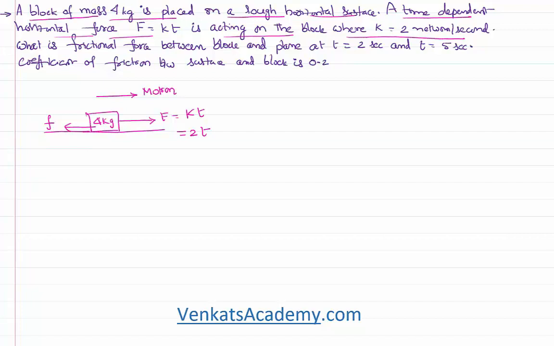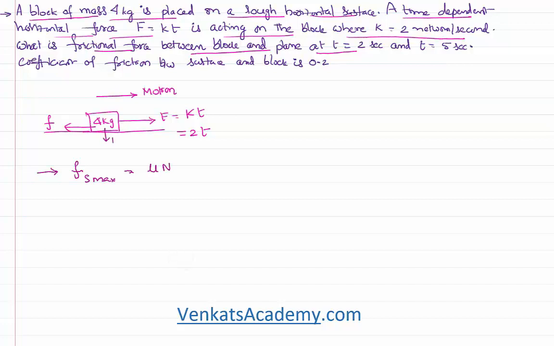We have to calculate what is the frictional force between the block and plane at t equal to 2 seconds. First of all, let us try identifying what the maximum possible static frictional force is. I can write Fs maximum, which is also called the limiting frictional force, as mu into normal reaction.